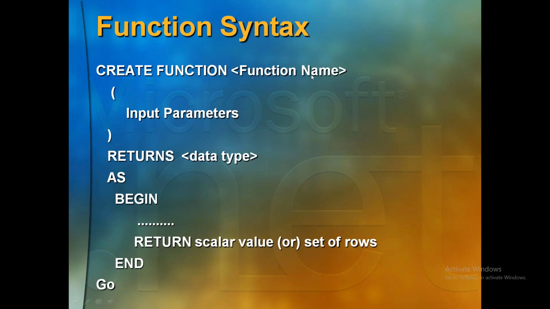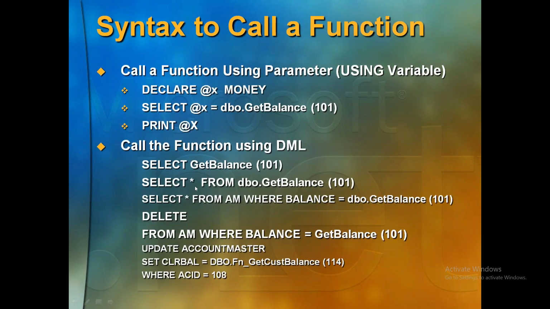Create a function name. There is only input parameter, there is no output parameter. Returns is used to return the data from the function, right? Then begin, and you can return a scalar, meaning a single value, or a set of rows. The function can be created like this. A function can be called as part of a select, using the function name, right?